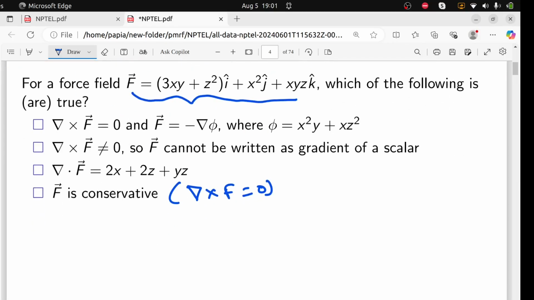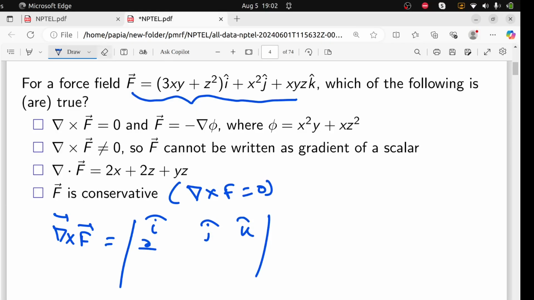So curl of F, let me write here because it's a bit clumsy.